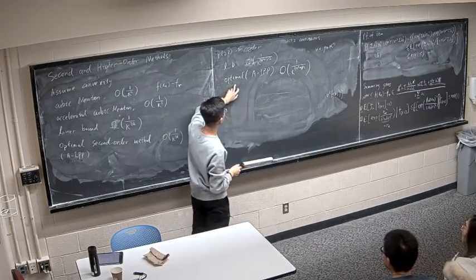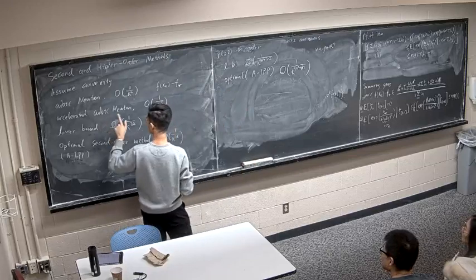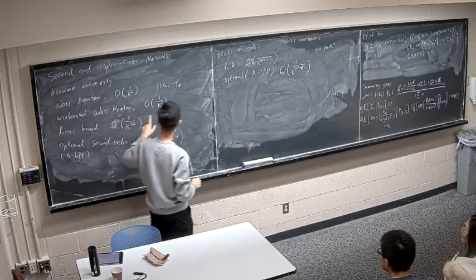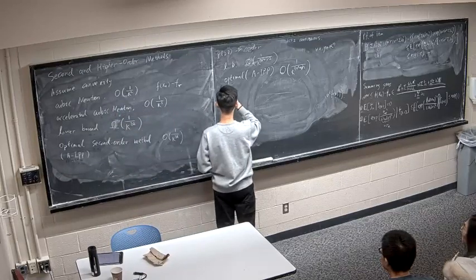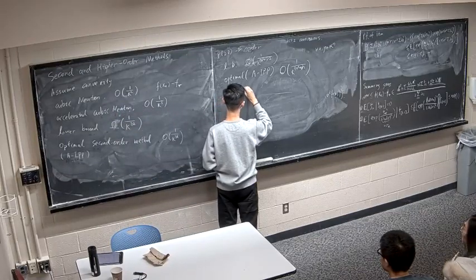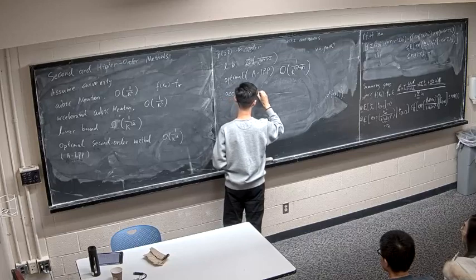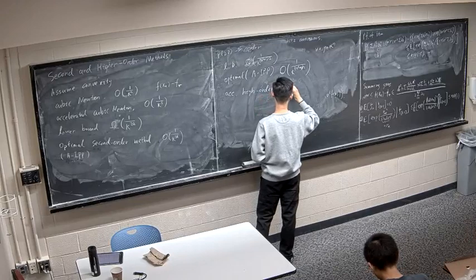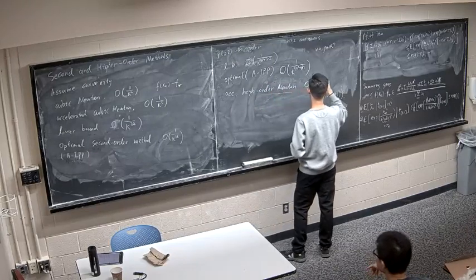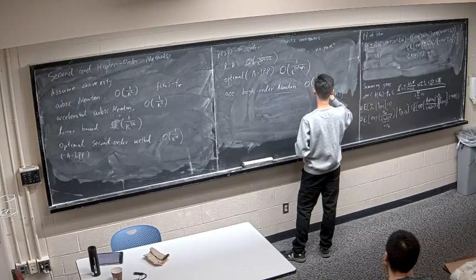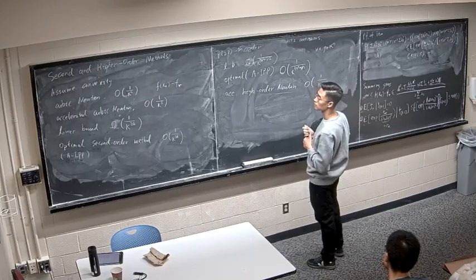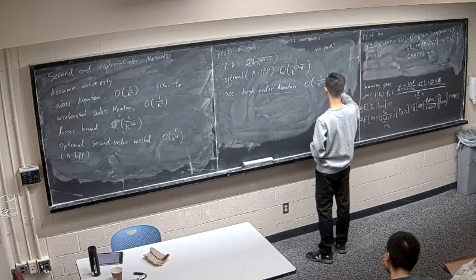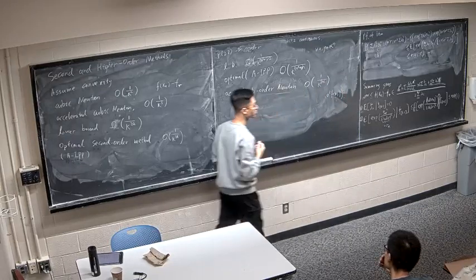So it is optimal as always, but the accelerated higher order Newton method is not optimal. This is k to the p plus 1.